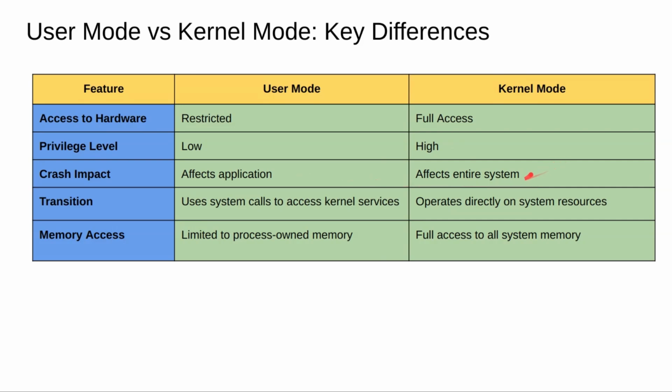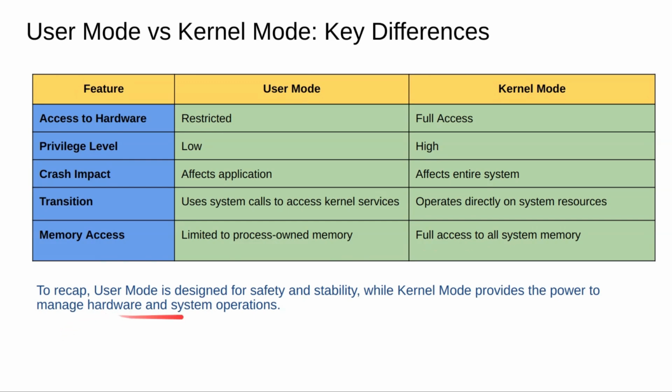But if the kernel crashes, it affects the entire system. To transition, user mode uses system calls to access kernel services, while kernel mode operates directly on system resources. User mode has limited access to memory, only to the process's own memory, while in kernel mode, the kernel has full access to the system memory.